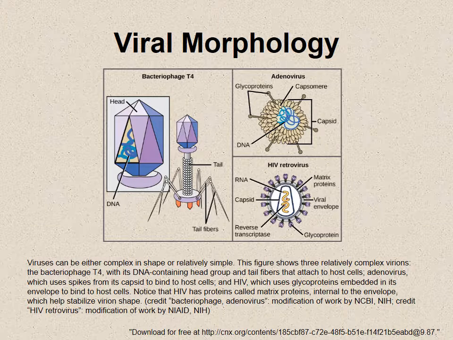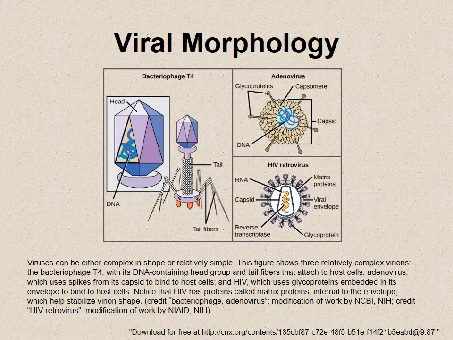This is getting more into viral morphology. So these are some of the more complex virions. The T4 bacteriophage, which infects E. coli, has a tail structure that the virus uses to attach to the host, and the head that houses the DNA.